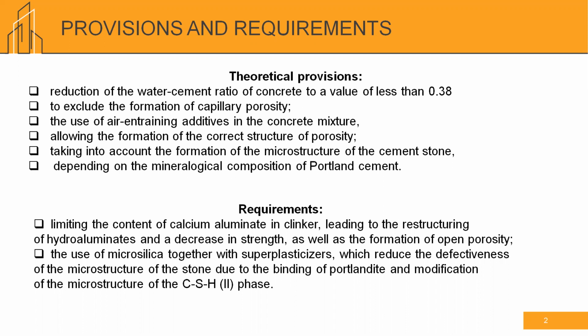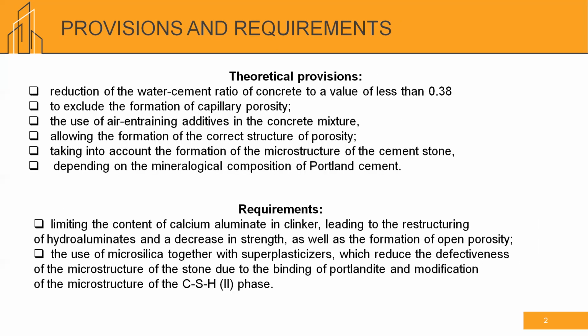At the same time, a significant reduction in the water-cement ratio leads to the fact that there is simply not enough water for the hydration of Portland cement, and a significant proportion of unreacted grains remains in the cement stone, which is substantiated by the well-known theory of microconcrete.